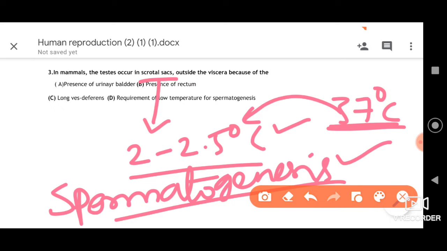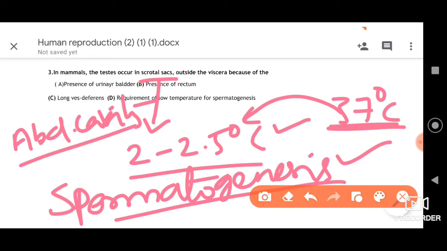Here friends, let me tell you that the testes start their development in the abdominal cavity itself. The testes descend into the scrotal sacs during the 7th month of fetal life, in the womb of the mother.